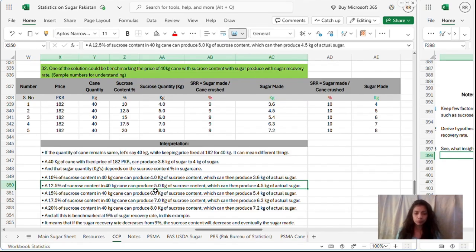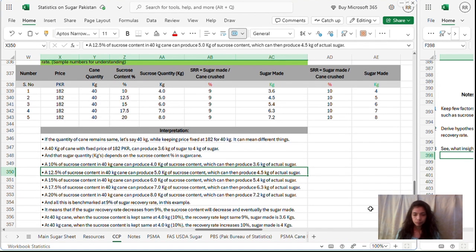Similarly, at 12.5%, 12.5% sucrose content in 40 kg cane can produce 5 kg of sucrose content. That means sucrose content is 12.5% in the cane, but that 12.5% quantifies to 5 kgs of sucrose.